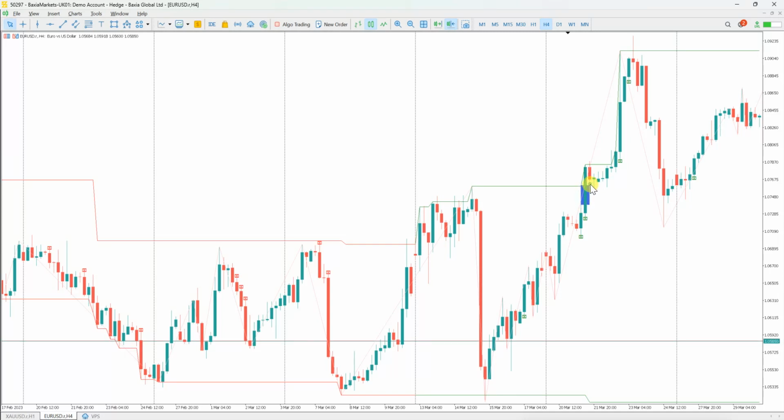It doesn't overlap. Unlike many candles right here, for example, it overlaps, right? So that is not a fair value gap. Here, this one is a fair value gap because the previous candle's low and the next candle's high doesn't overlap.